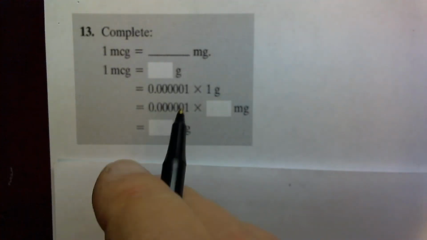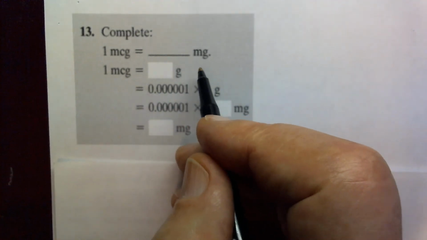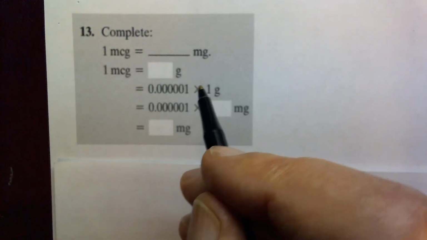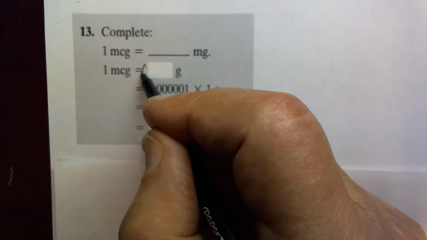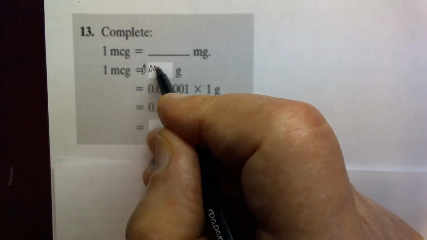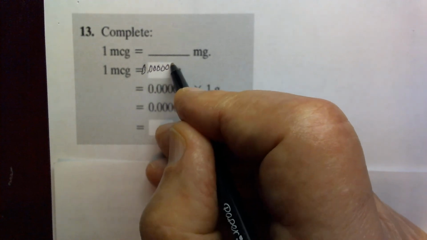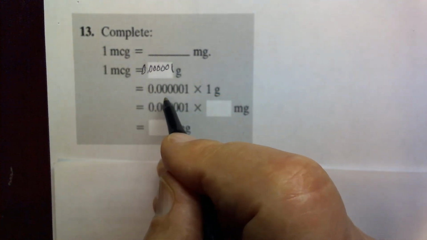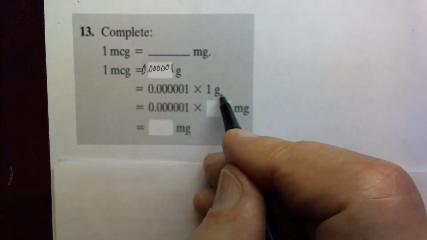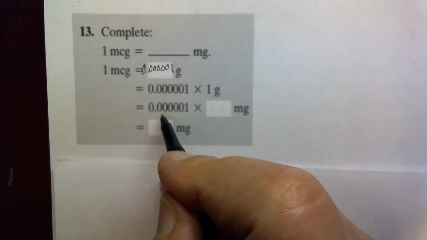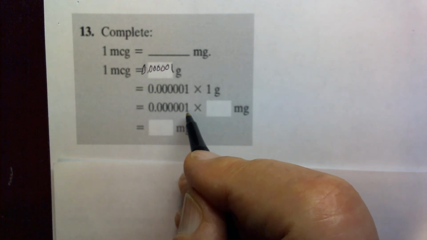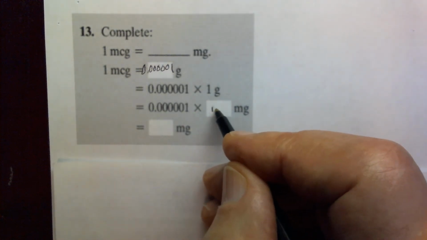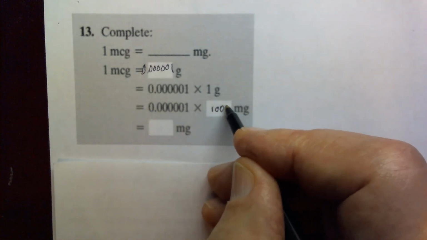In number 13, we are converting 1 microgram into milligrams. So we rewrite this as 1 microgram equals 0.000001 gram. So it becomes 0.000001 times 1 gram, and 1 gram has 1,000 milligrams.